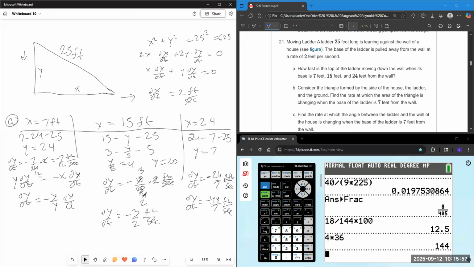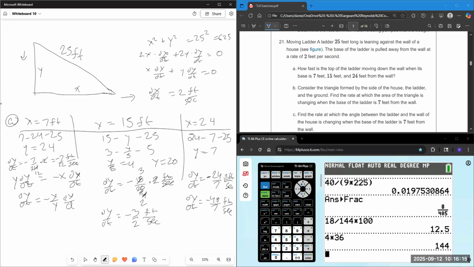All right, part B of that problem. Consider the triangle formed by the side of the house, the ladder, and the ground, which I've already drawn. Find the rate at which the area of the triangle is changing.